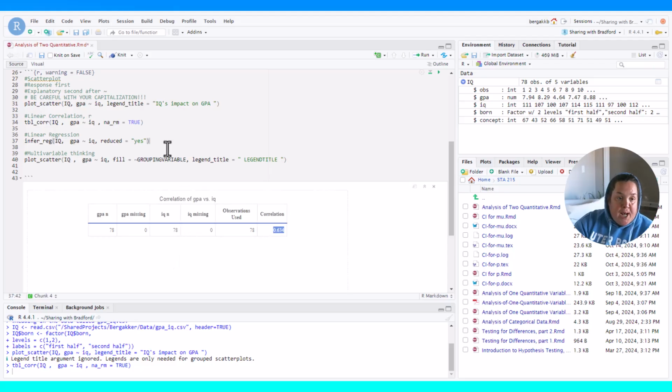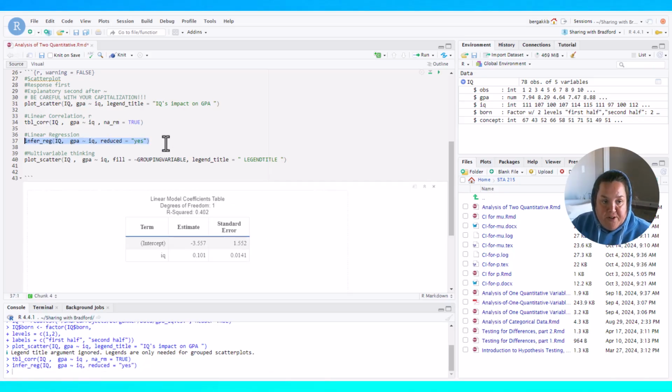All right, question 9. So we need this line, my line 37, to get the linear regression or the regression equation. So these are easy to read. You always want the estimate column, and then the y-intercept is next to the word intercept, and then the slope is next to the x variable.